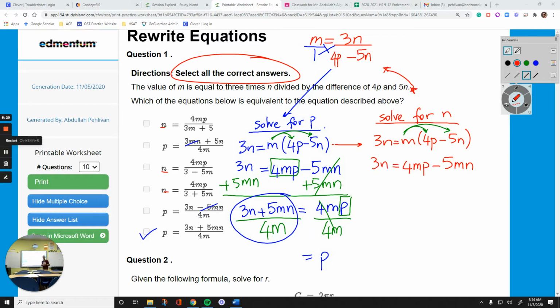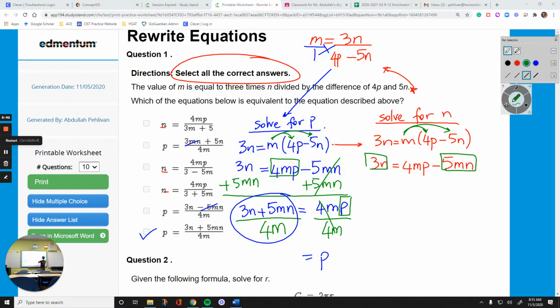Now, on this side, what terms do you have the n on? There is this term that has the n. I'm solving it for n, but there's this other term too. I need to put them together. If you have more than one term with the variable that you're looking for, you've got to combine them in one single term.